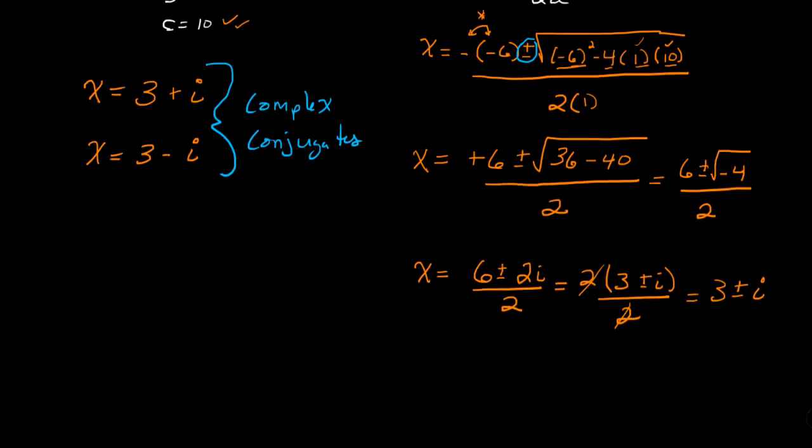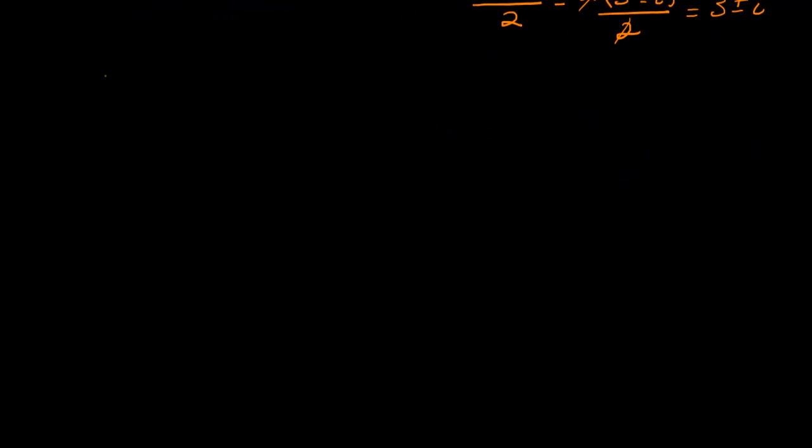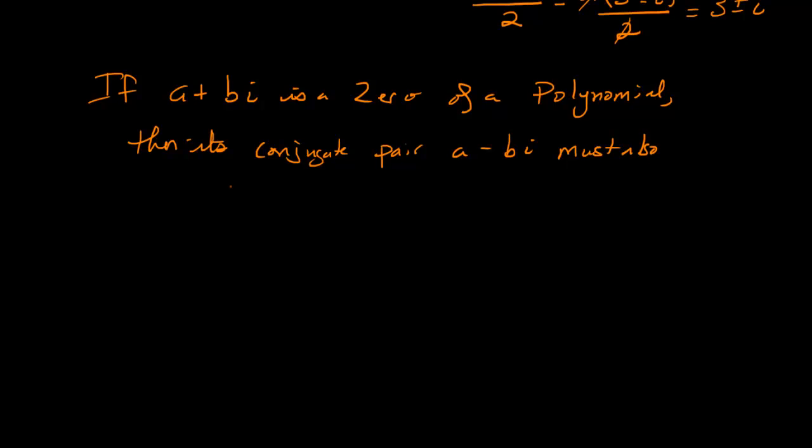So what we can characterize from this is that if a plus bi is a zero of a polynomial, then its conjugate pair, a minus bi, must also be a zero.